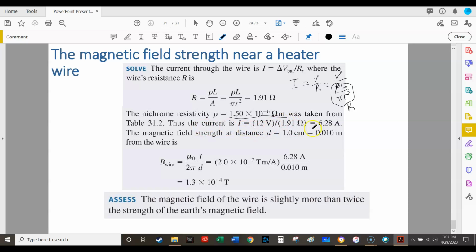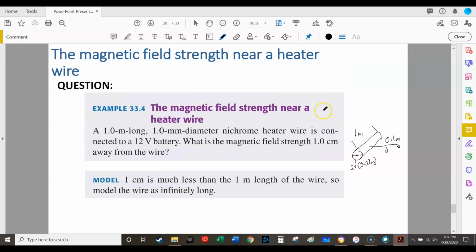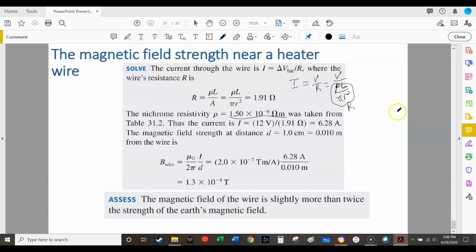All right. And then what they did is they just went through what we did. You go mu naught I over 2 pi d. And so in this case, let's assume the current is pointed out of the page. If the current is pointed out of the page, then at a point just to the right of the wire, the B field is going to be pointed straight up. And so in the drawing that we just did, I'll repeat it here.